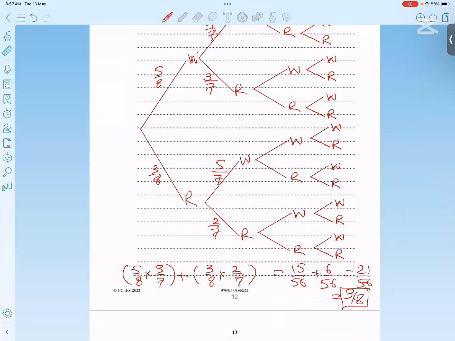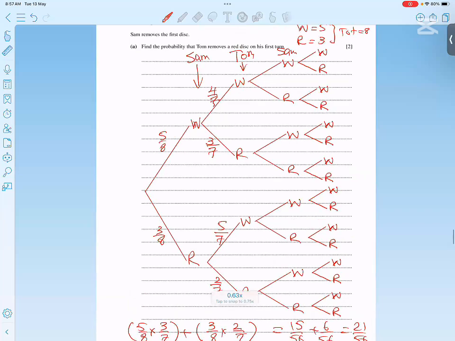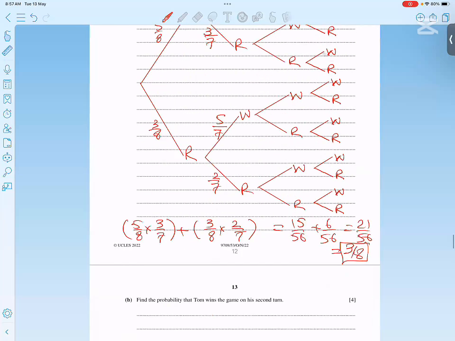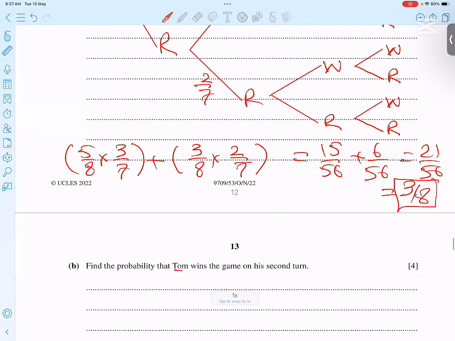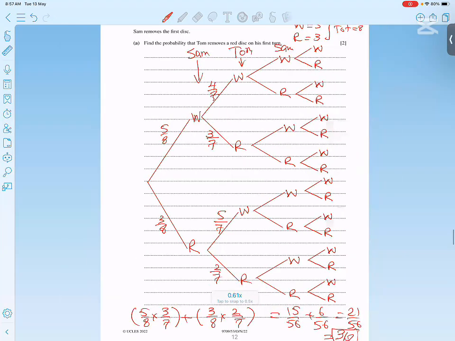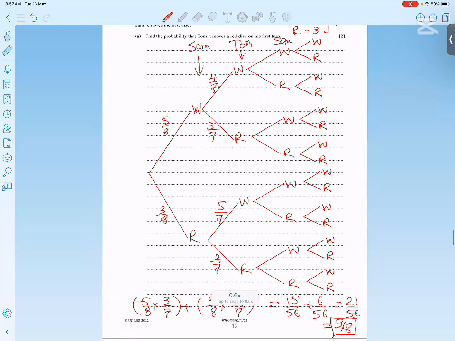All right, so let's talk about it, naturally we can do it easily now. Tom wins the game in the second turn, and definitely we work for Tom, so we have to be careful that Sam should not win the game. So let's see which branch gives Tom 2. Let's check from the top. Naturally we're looking for the 2 reds.